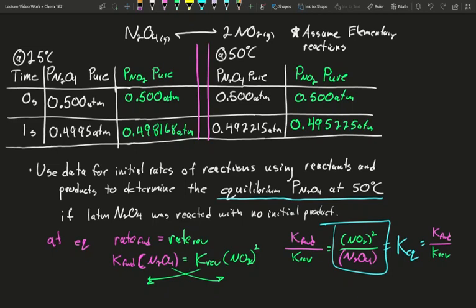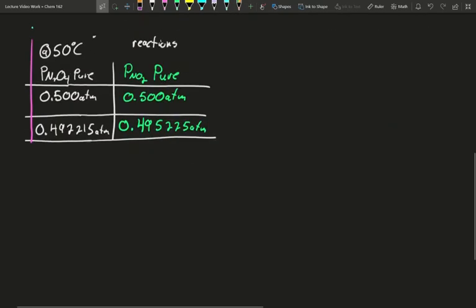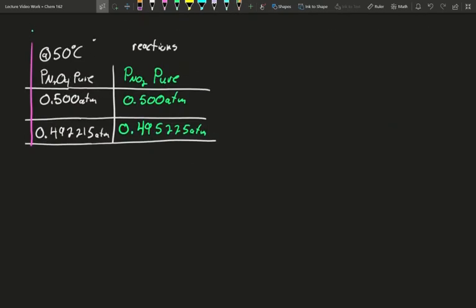We need to do that for this data, which means I need K forward and I need K reverse at 50 degrees Celsius. So we're really only using the second half of our data here. So let's take that data at 50 degrees Celsius and let's find those values.